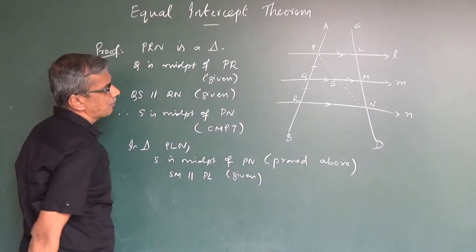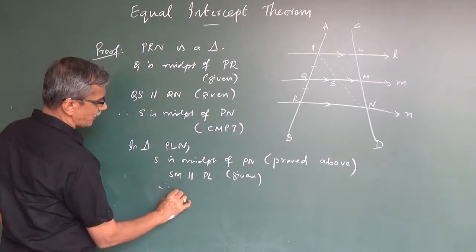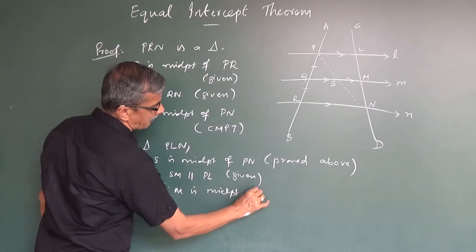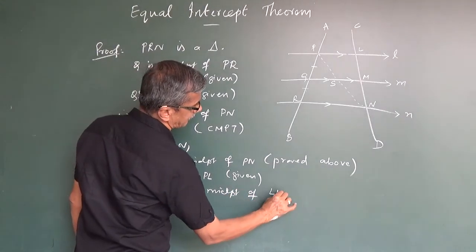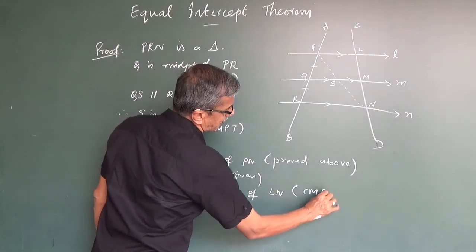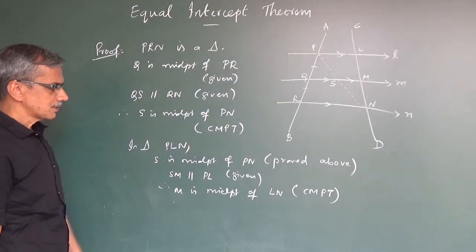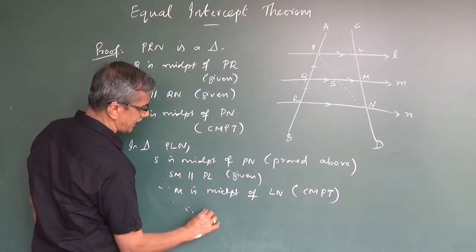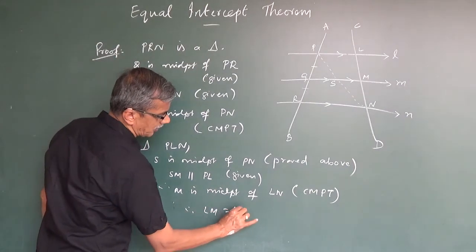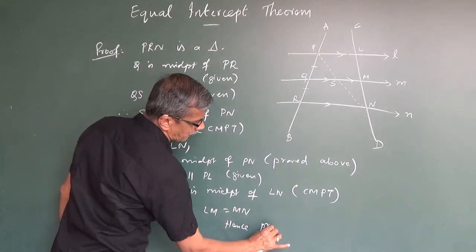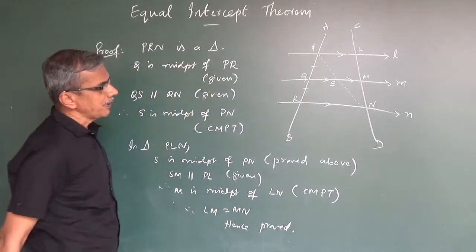Therefore, M is the midpoint of LN by the converse of the midpoint theorem. So, therefore, LM is equal to MN. Hence proved.